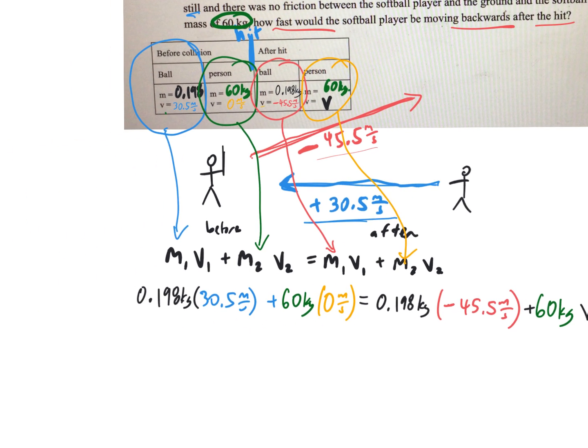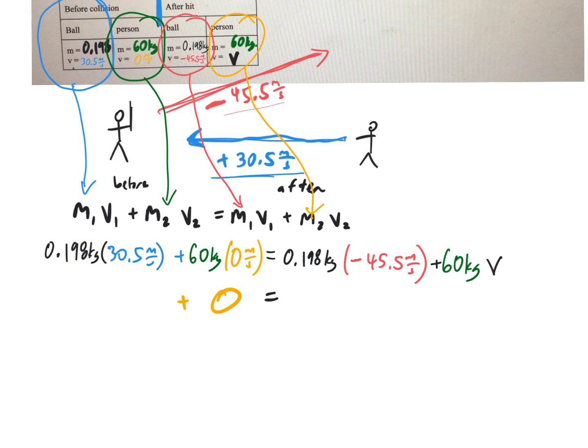Now I can multiply out all my parts. 60 times 0 is going to equal 0. That's the easiest one. At the end, I'm still going to end up with plus 60v. 0.198 times 30.5, I don't know that number off the top of my head, but now that I have my calculator, I can plug that in and know that it is 6.039 kilograms meters per second.